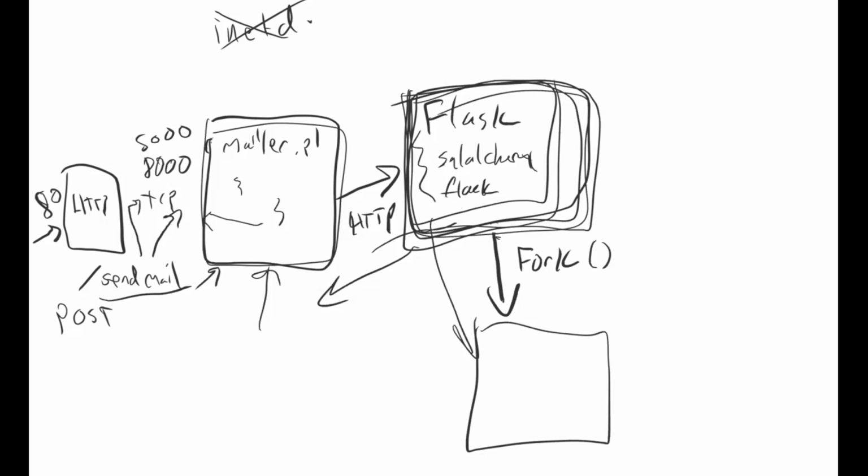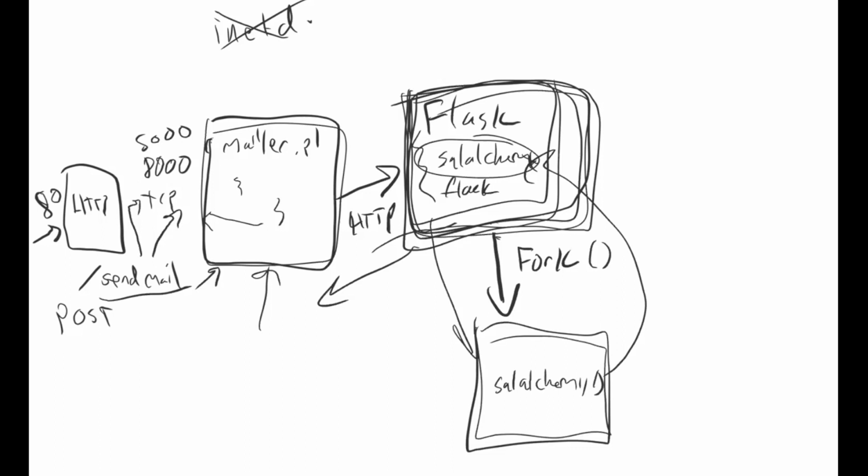So in this process space, if I call some SQLAlchemy function, it's really pointing to the same place in RAM. It's not duplicating it. Each process that we spawn thinks it has its own copy of everything in RAM, but really it's all pointing back to the same place.